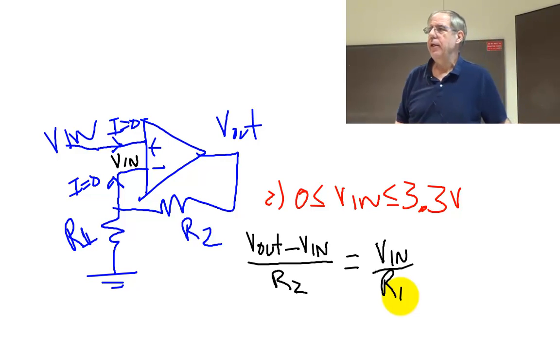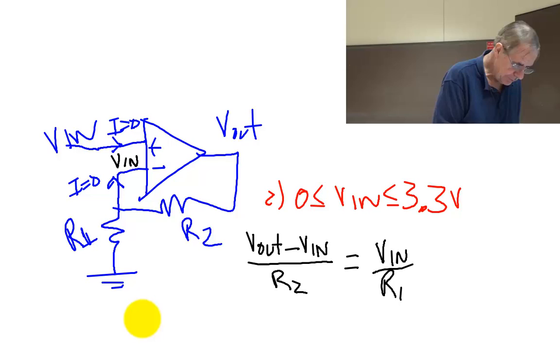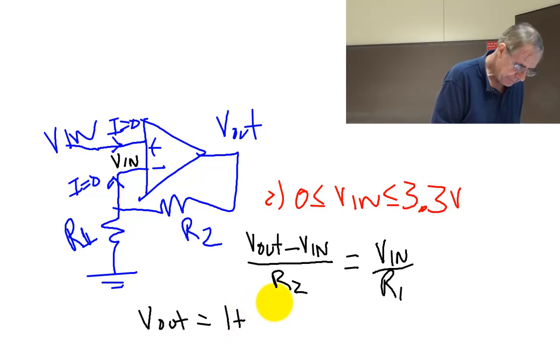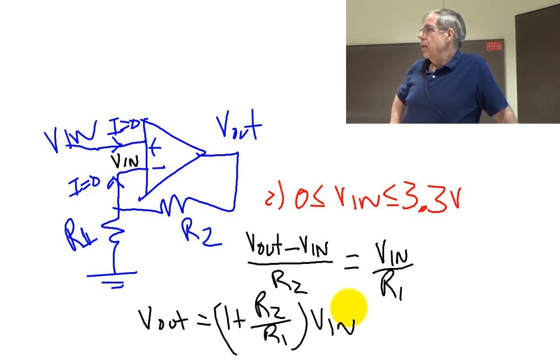And now we need 9th grade algebra. V out equals 1 plus R2 over R1 times Vn. So it's a positive gain amplifier. You with me? All right.